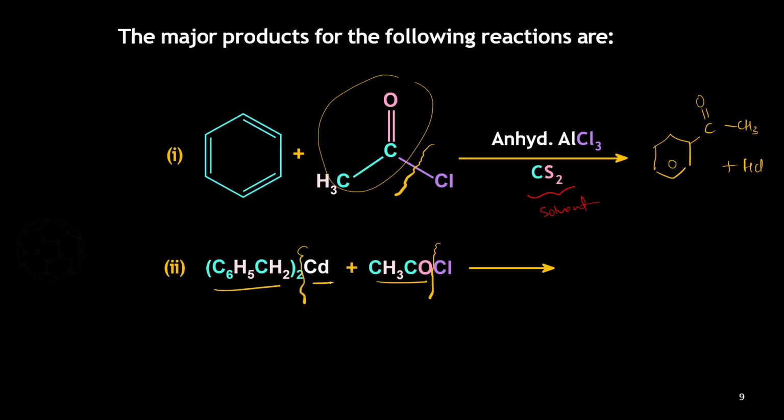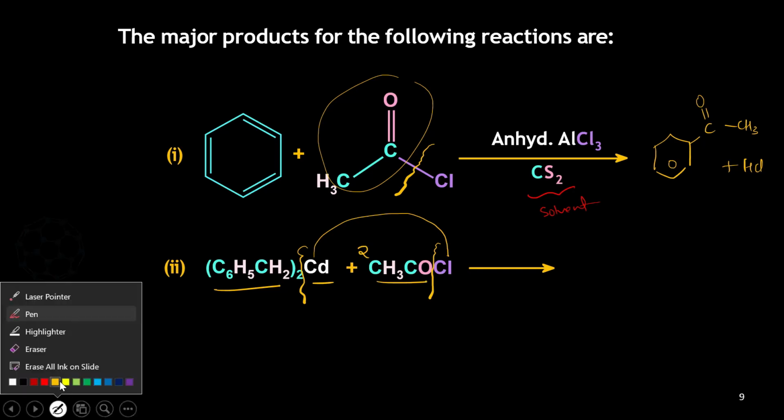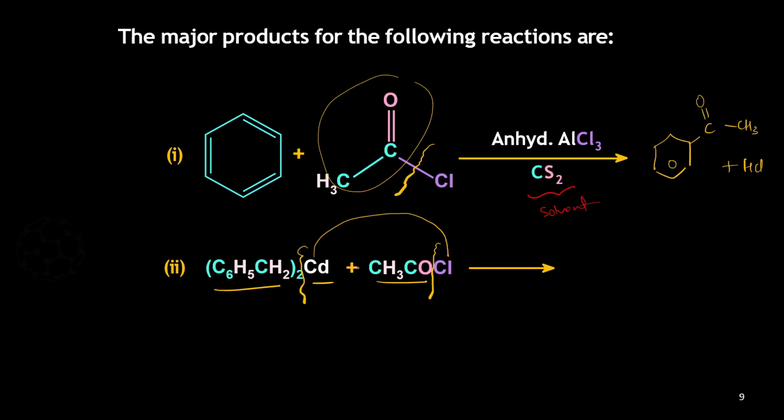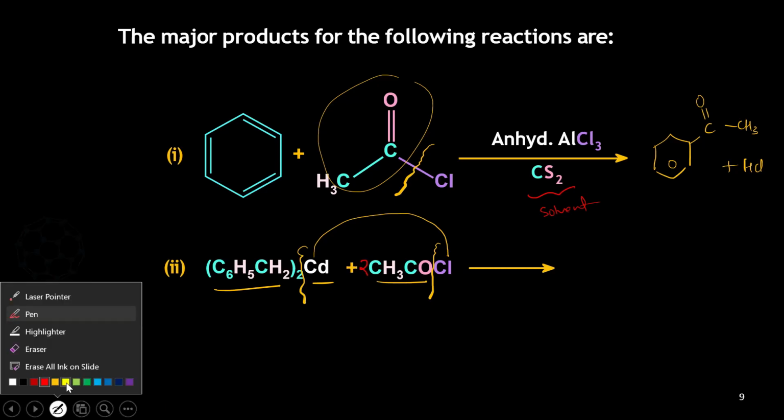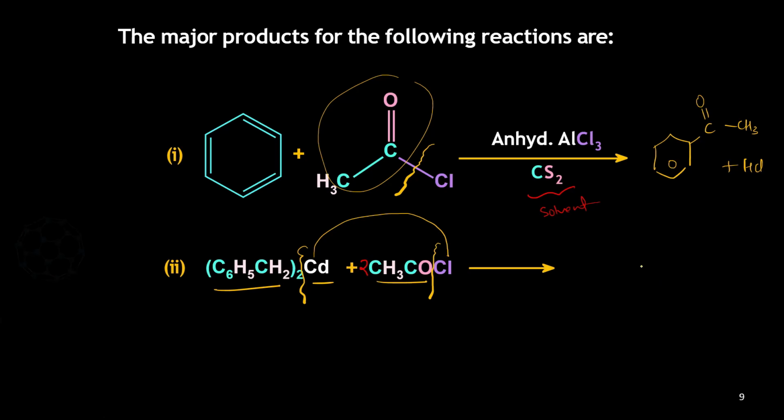So this cadmium and chlorine will join together and form CdCl2. Actually, there is a small mistake here. It should be 2 here because cadmium will attach to 2 chlorines. So 2 chlorines can attach to 1 cadmium, resulting in formation of CdCl2.